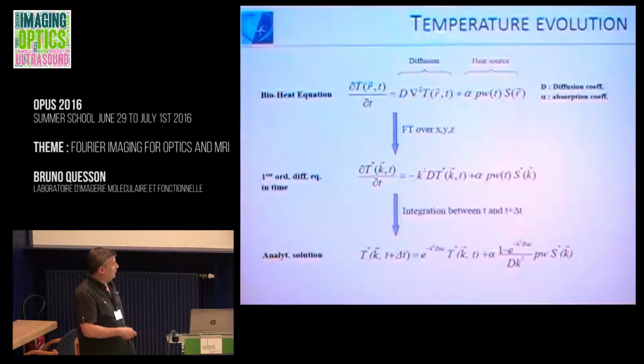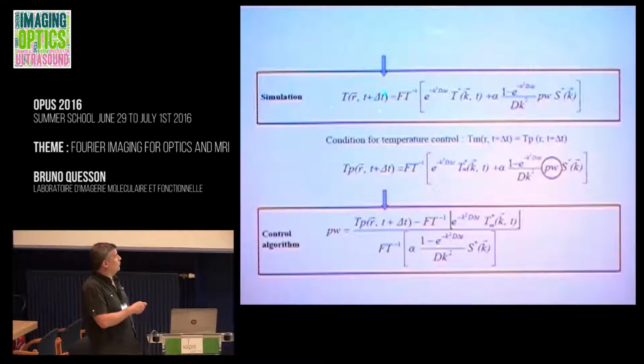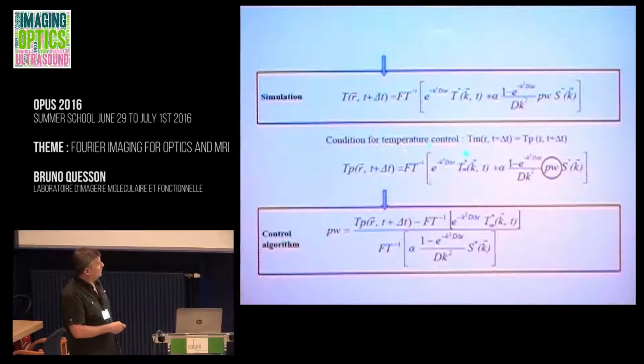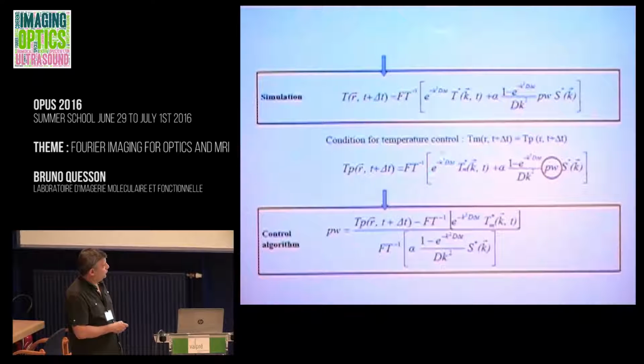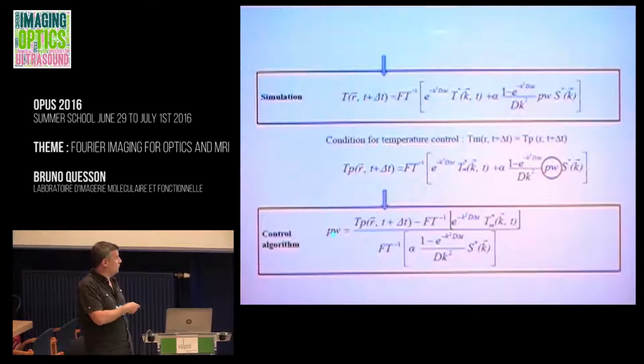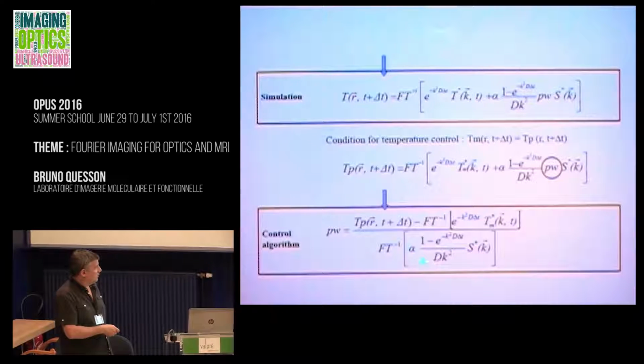This is the analytical form, and then of course you can express the next temperature you want to be a given value, and you can use the actual value that you measure now, predict what will be the change due to diffusion, then include also the energy that you're going to deposit to compute what will be your next temperature. In other words, you can compute the forward power you need to apply to have your next temperature fit with what your actual temperature will evolve to due to diffusion and depending on your source now.